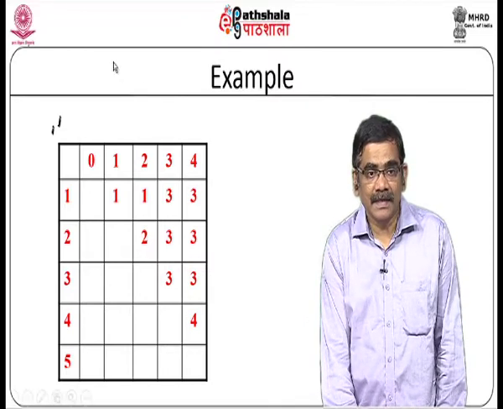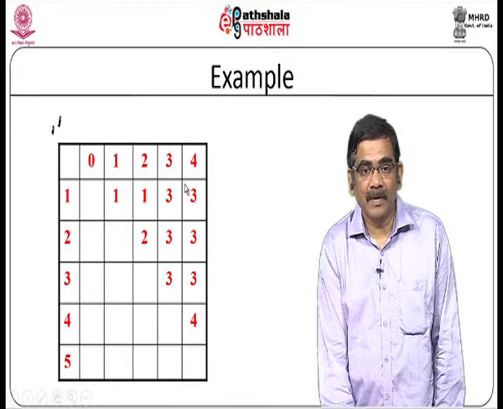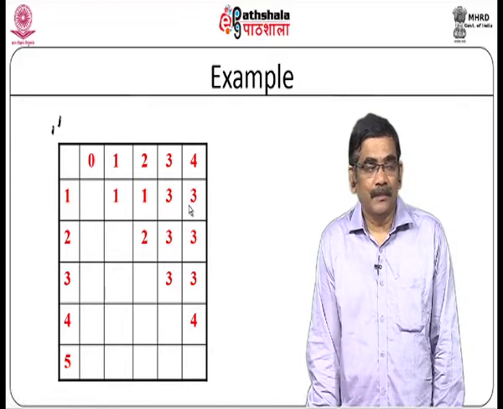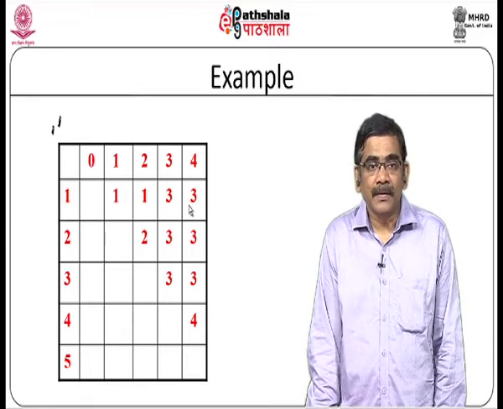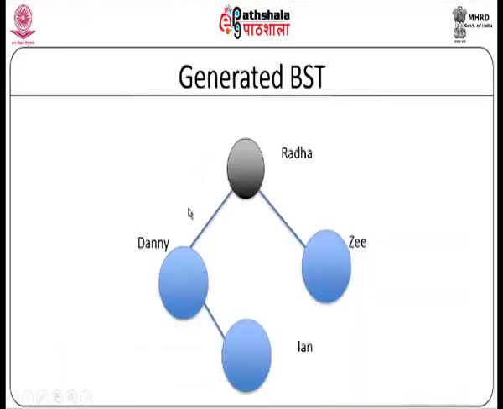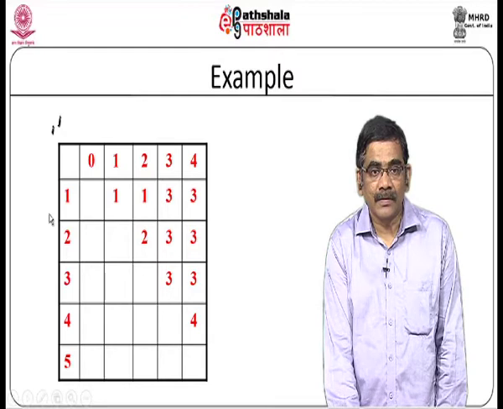So, now you can see that it is 1 comma 4. That means 1 comma 4 is going to be 3. So, A 3 is going to be your root node. Using this, you can see it is going to be a root key A 3, which happens to be the root node. Now you can see 1 comma 2 is going to be 2.